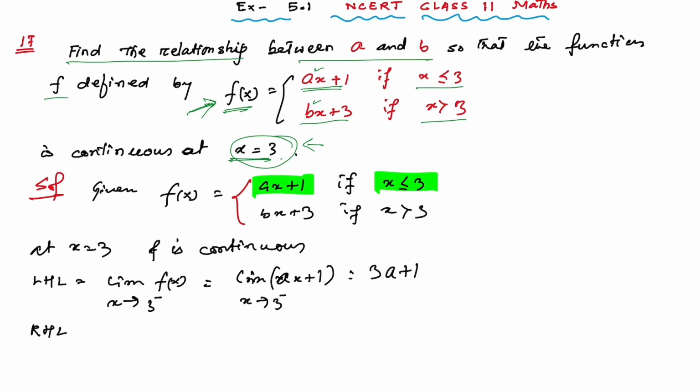Then similarly find the right hand limit: limit of f of x as x tends to 3 positive. For x greater than 3, f of x is given by bx plus 3.